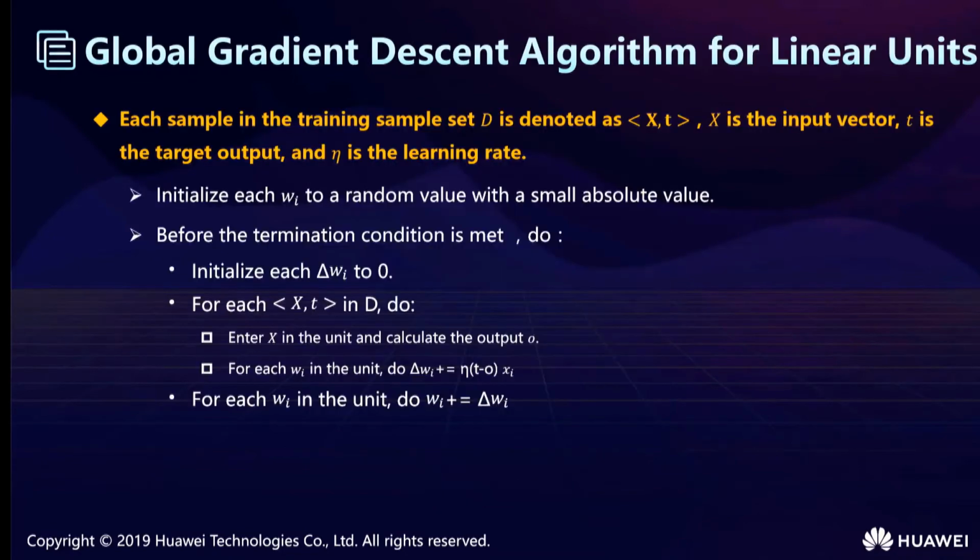Let's see the first method, the batch gradient descent algorithm for linear units. Initialize each weight wi to a random value with a small absolute value, and then, until the terminating condition is met, we initialize each delta wi to 0, and then for each sample we input x into the unit and calculate the output.